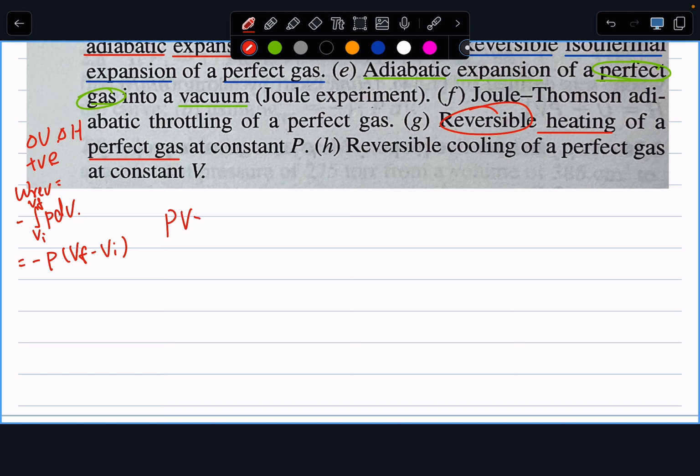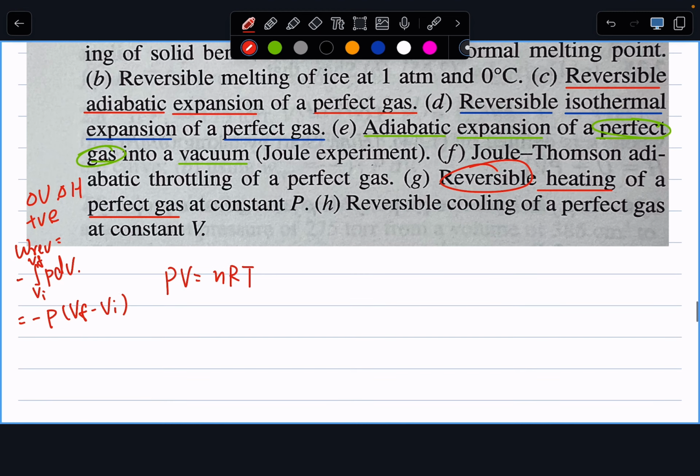By using our ideal gas law, PV equals nRT, with pressure constant, V equals nRT over P. So my temperature final is higher than my initial temperature, and my volume final is also higher than my initial volume at constant pressure. So this inside is positive, and then this whole thing, the W reversible, is negative.